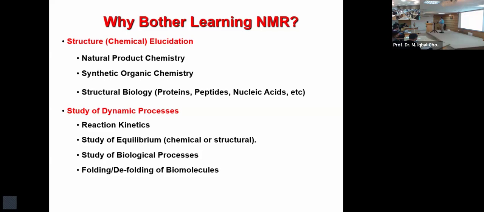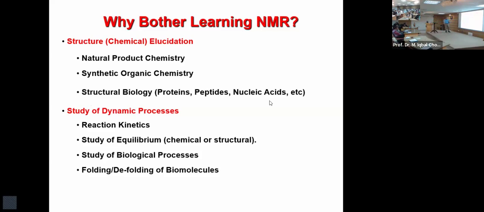No other chemist deals with it. Synthetic chemists, they know that if they put these two things together, they'll get something, and they have some idea about it. Protein chemists already know the sequence of amino acids. They're just trying to get the structure, right? So this is the reason why natural product chemists are the most curious lot. And they're still the largest users.